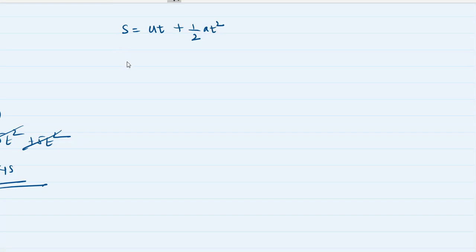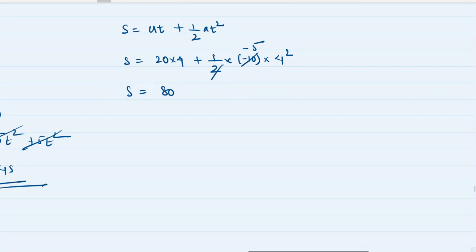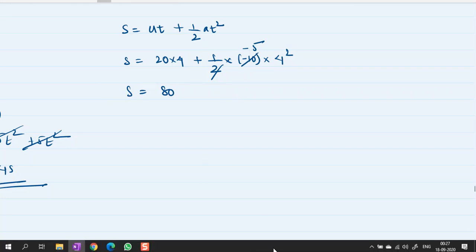So S is equal to 20 multiplied by 4 plus half multiplied by minus 10 multiplied by 4 square, right? So this will be 80 and this will be minus 5. Again we are getting the same thing. 4 square is 16, 16 fives are 80. How come we are getting 0? I don't understand that.